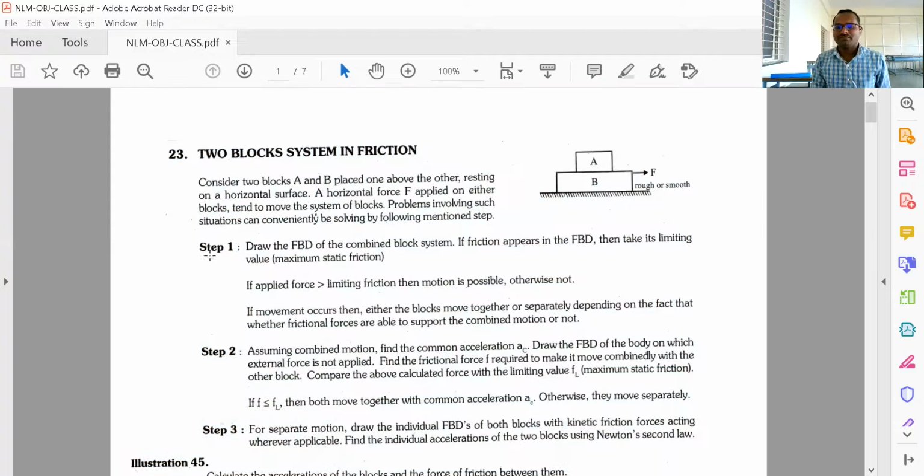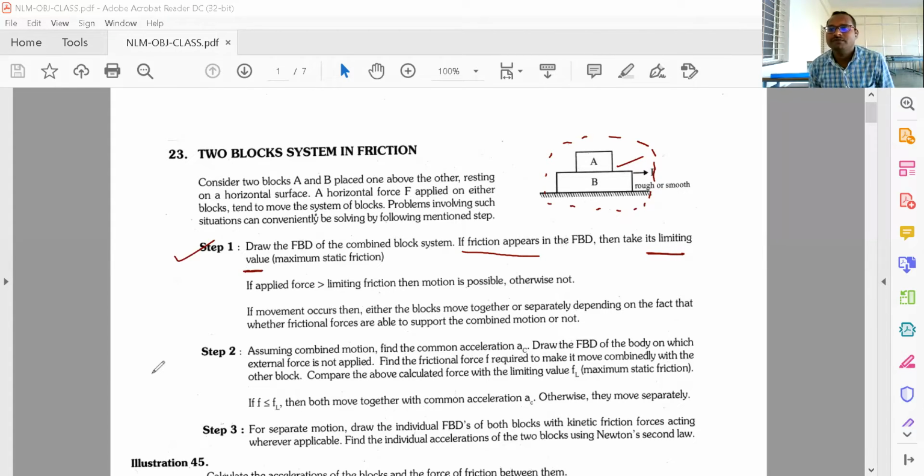First, step one, how can we solve these questions? Step one, what we need to do is draw the free body diagram of both the blocks, and also of the two blocks together. If friction appears in the free body diagram, take limiting friction, the maximum starting friction value.